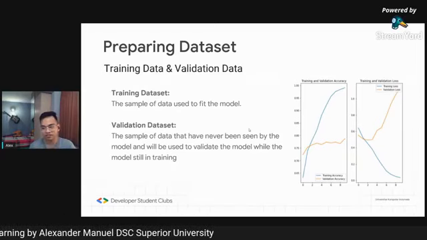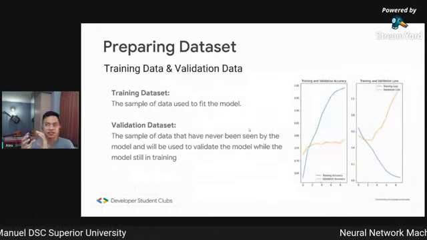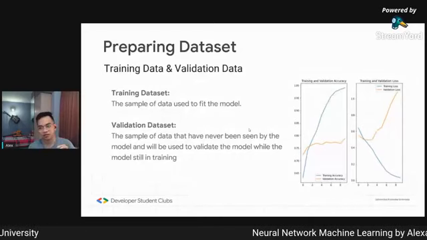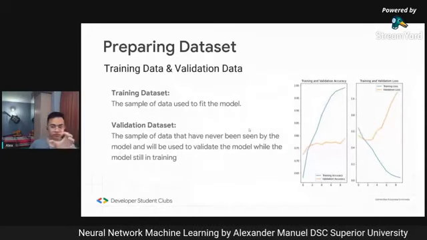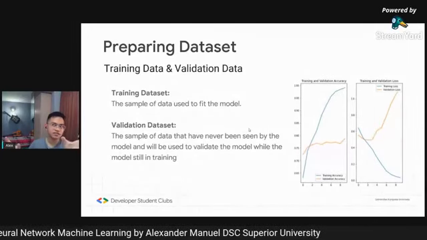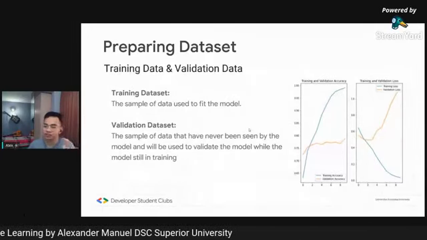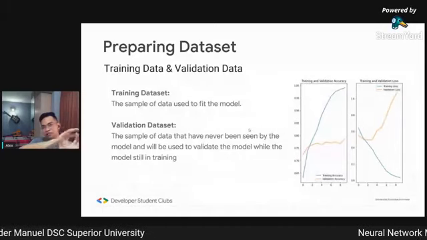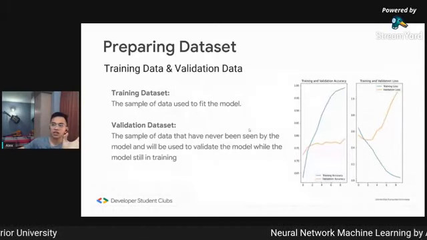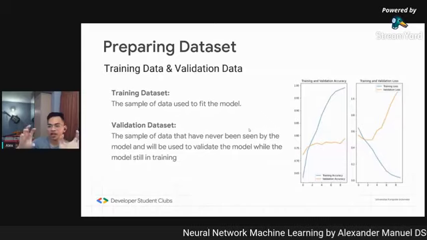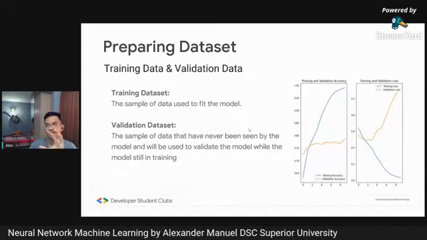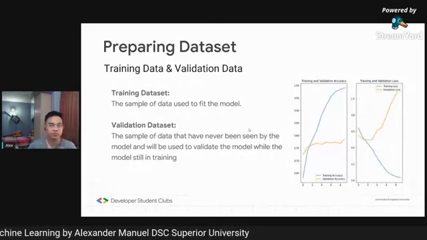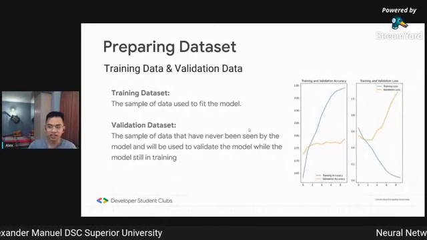Then there's the validation dataset, a sample of data that the model hasn't seen before, so it has to be a different kind of data. What it does is, like the name says, validate. After one epoch of training, the model will be validated using the validation dataset to measure how good it is.